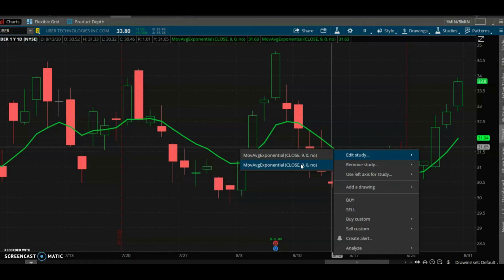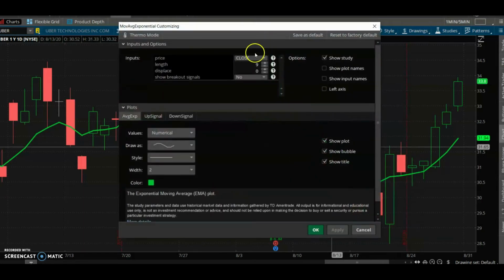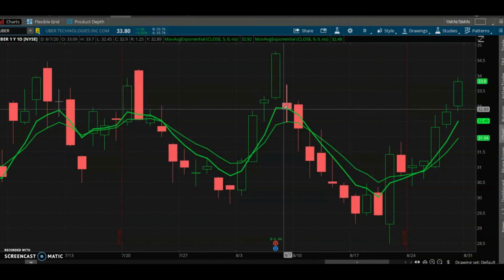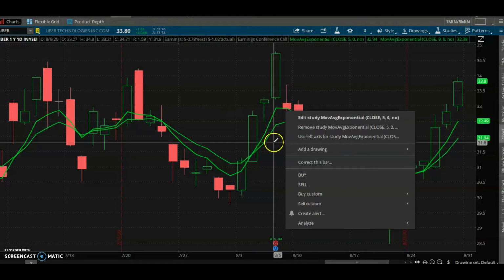So I'm going to take the first one and change this moving average to a 5-day moving average. I'll keep this green. So the top one is the 5-day moving average.